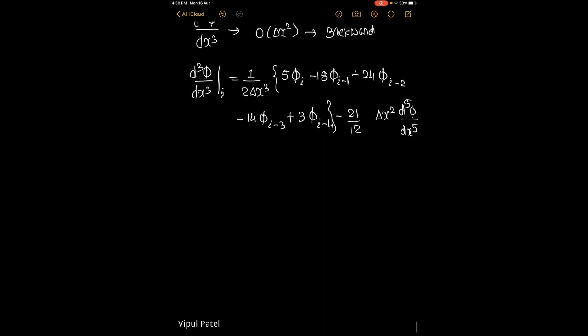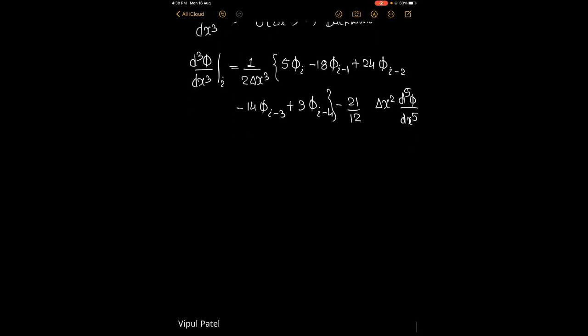And you can also have a second order accurate central difference scheme. So let me write the final formulation. Again you have d cube phi by dx cube with an order of accuracy of delta x square, and now you are using central difference approximation.